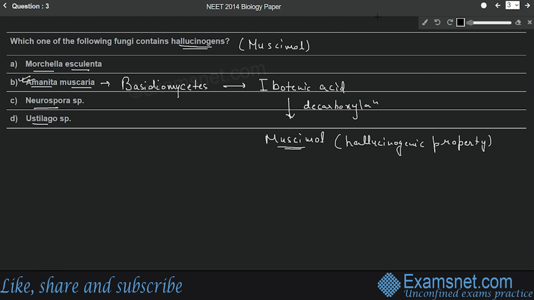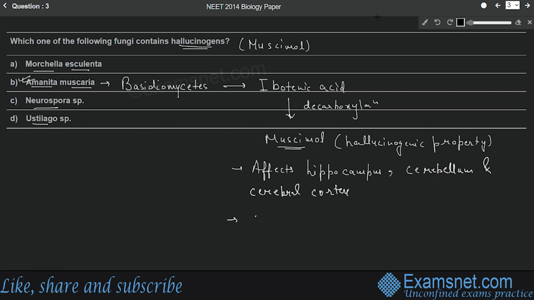Now this is able to affect different parts of the brain. For example, it affects the hippocampus, cerebellum, and cerebral cortex as well.